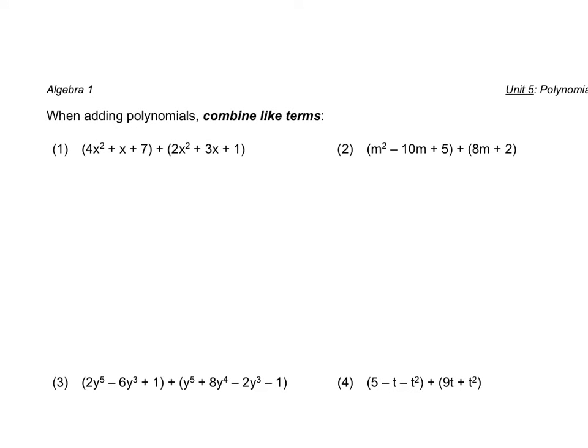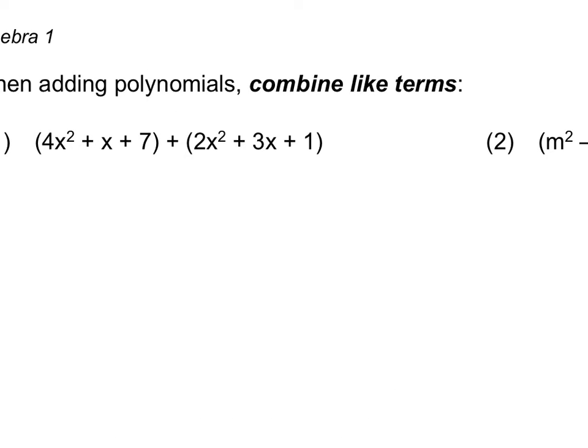So if you're adding polynomials, it's really just a matter of adding the like terms. So all that vocabulary aside, it's pretty simple when you think about it, because all you're being asked to do is identify the like terms and combine them. All right? So only the x squareds can be combined with one another.